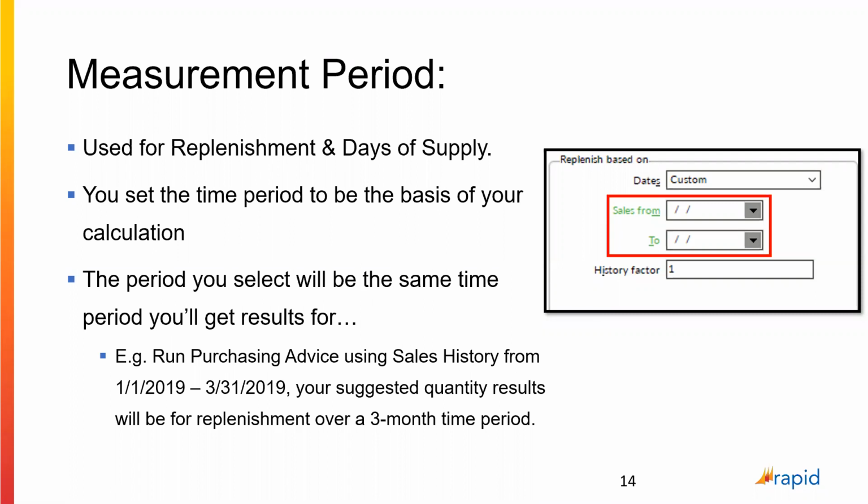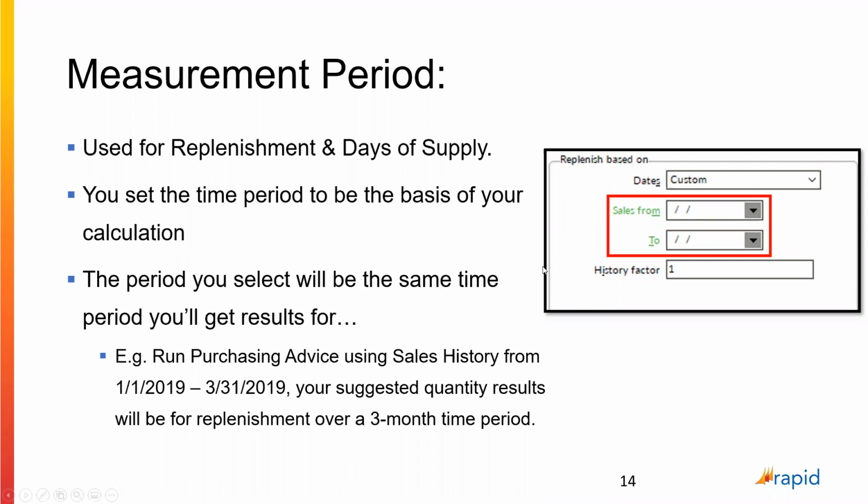So if you're looking at your sales from August of 2019 to try to decide what you're purchasing for August of 2020, and your current quantity is 0, and sales from August 2019 were 100, the suggested quantity is going to be 100.